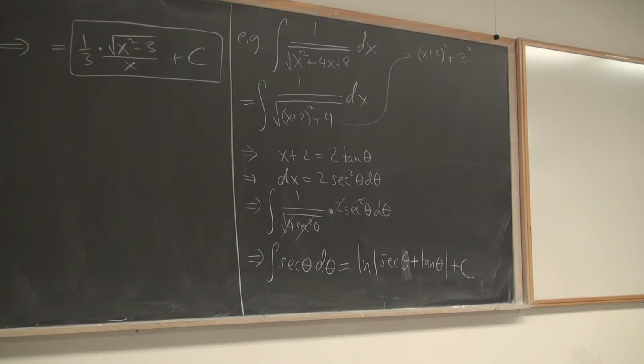And I already know that my tangent is just x plus 2 all over 2, which means that the final answer is going to be ln of secant, radical of x squared plus 4x plus 8 all over 2, plus the tangent, which is x plus 2 all over 2, plus c.